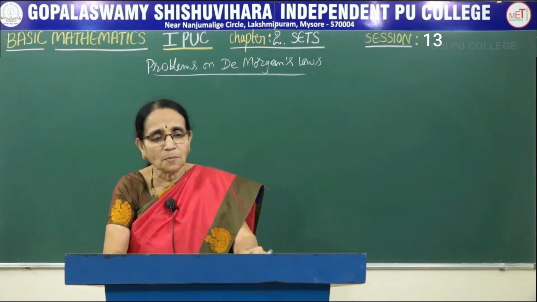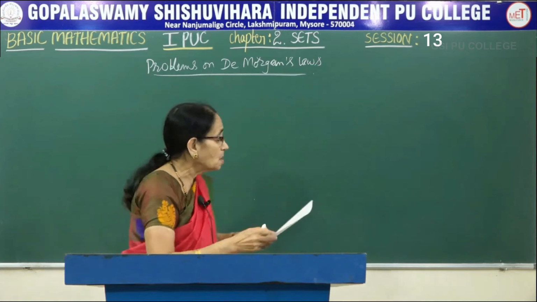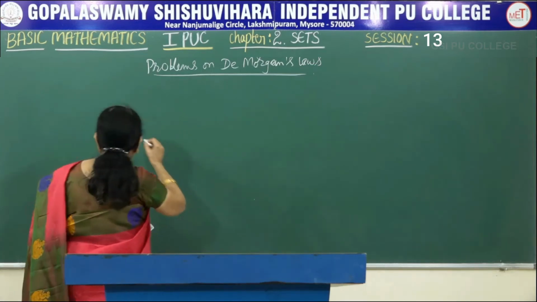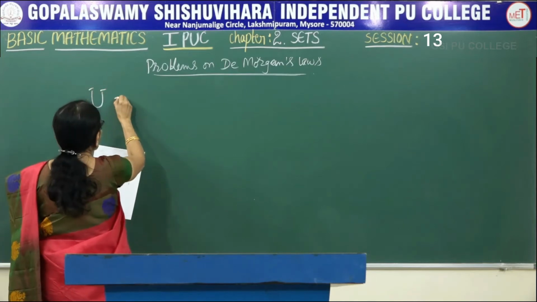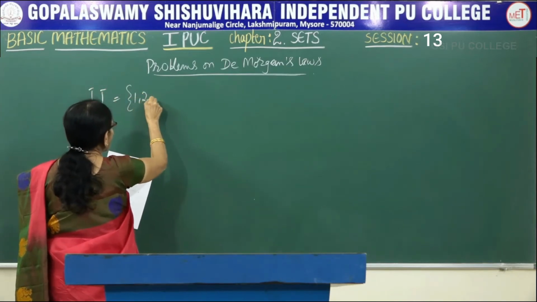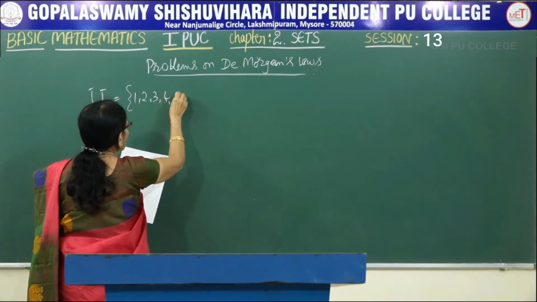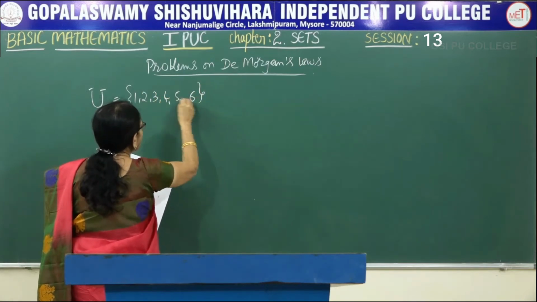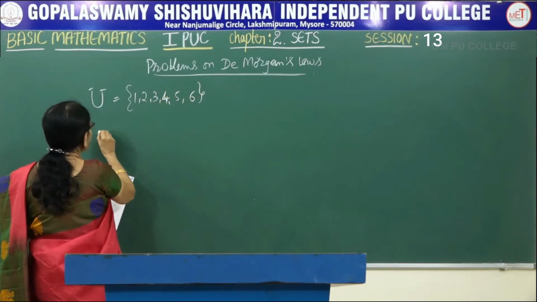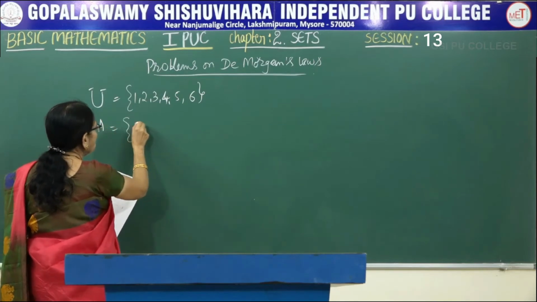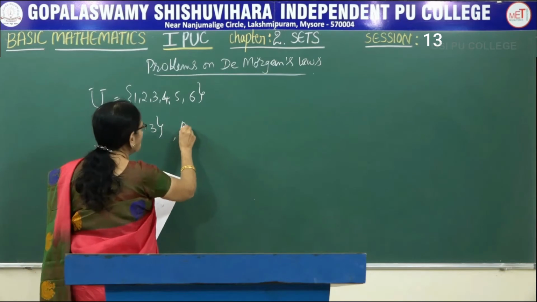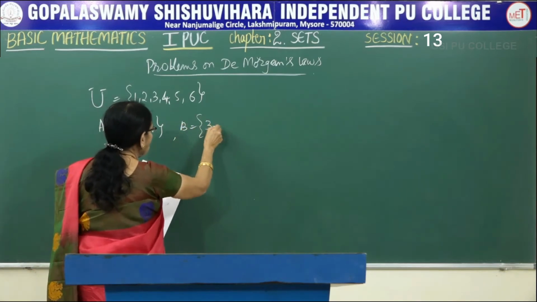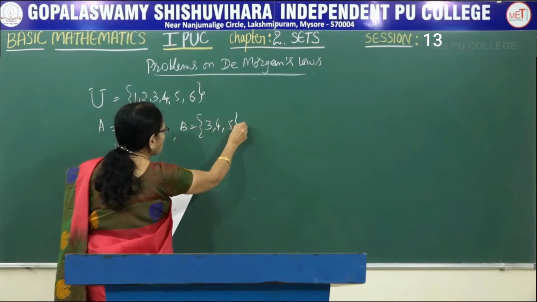Now, first problem. Let the universal set U be equal to {1, 2, 3, 4, 5, 6}. Then the set A contains the elements 2 and 3. Set B contains 3, 4, 5.